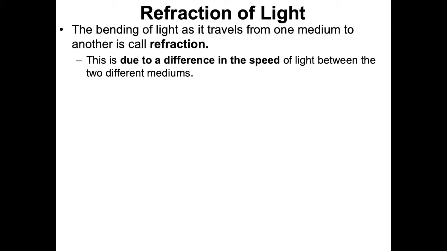This bending of the light, as I just explained, is due to differences in the speed of light between your two different mediums. The speed of light in a vacuum, remember, no particles, anything like that, we represent with a c, is equal to 3.0 times 10 to the 8th meters per second, incredibly fast.